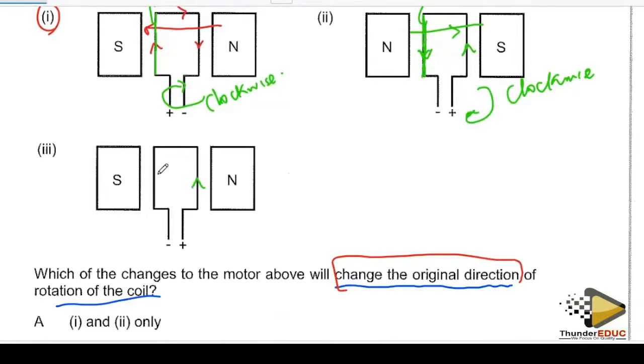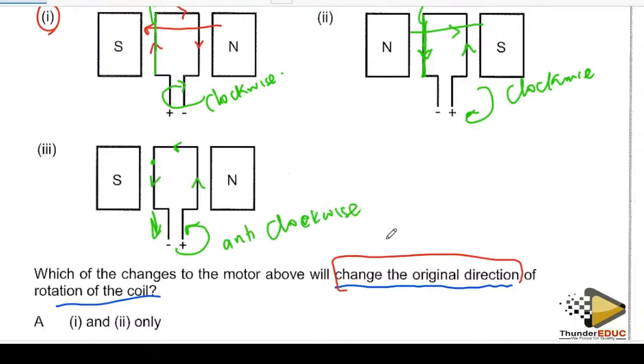If I focus, current is moving in this sort of direction, and my field is moving that way, so it's going to move downwards. This one moves downwards, which is anti-clockwise.